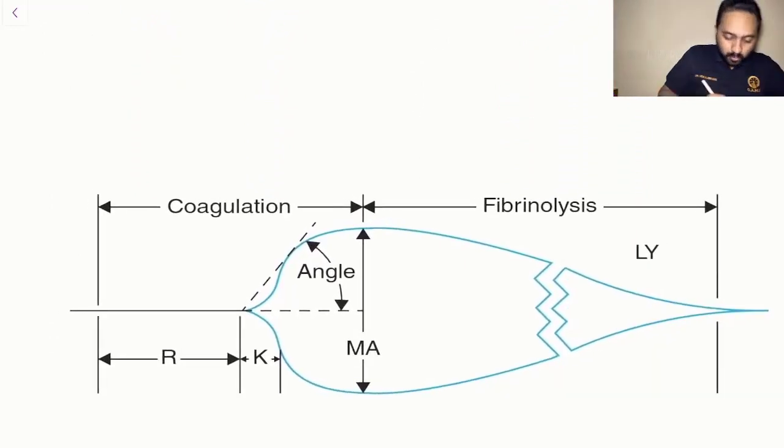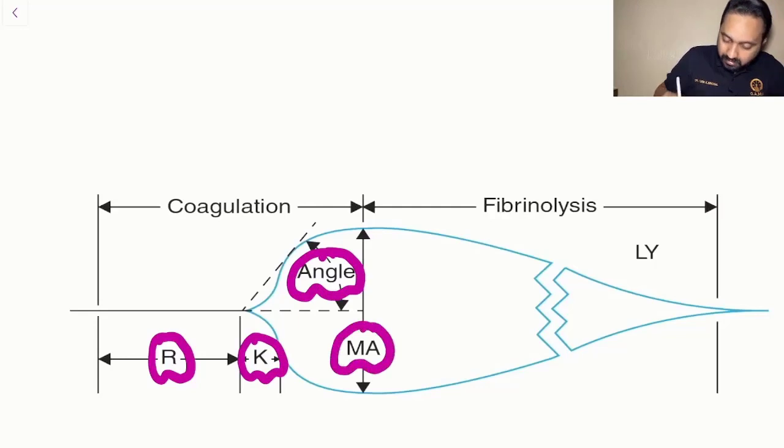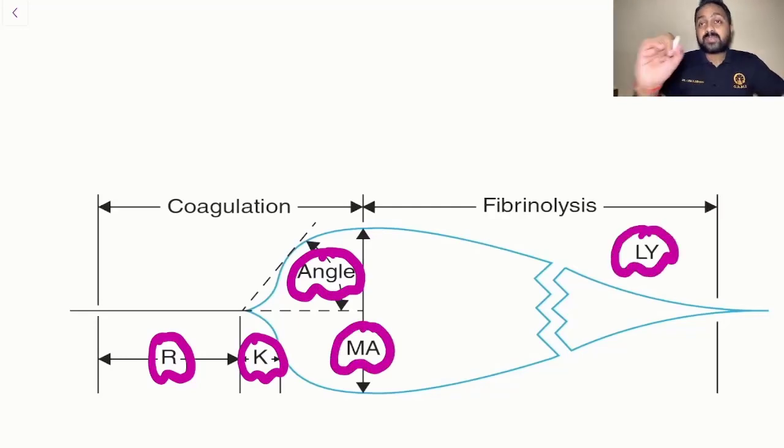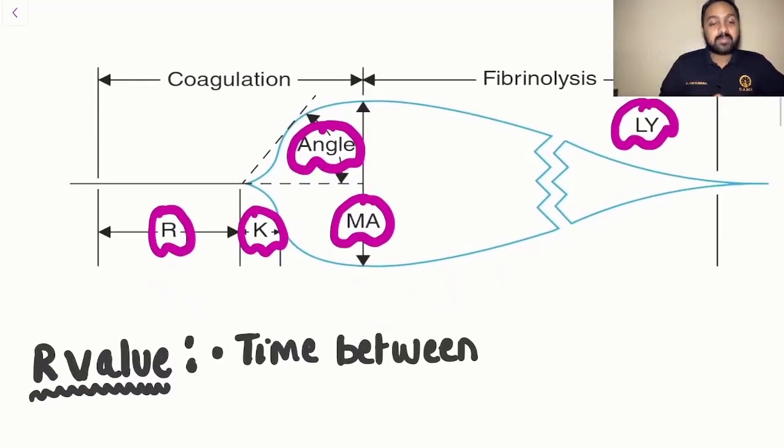Now we need to know what is R, what is K, what is this alpha angle, MA and LY. So let's begin our discussion with R. Now the R value is the time between the start of assay and the initial clot formation.